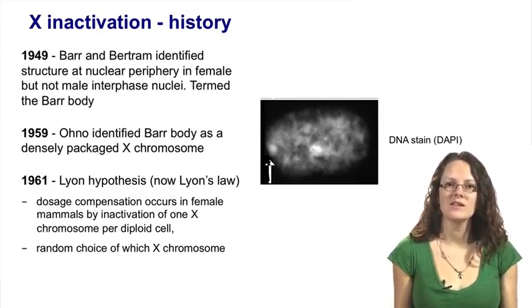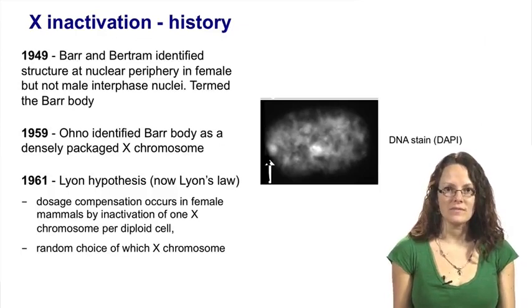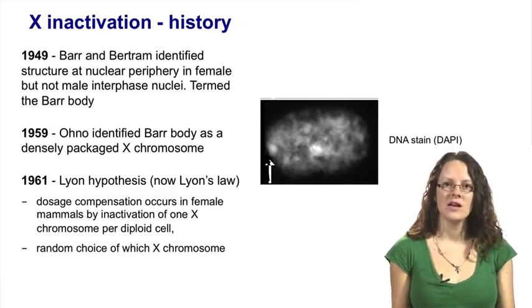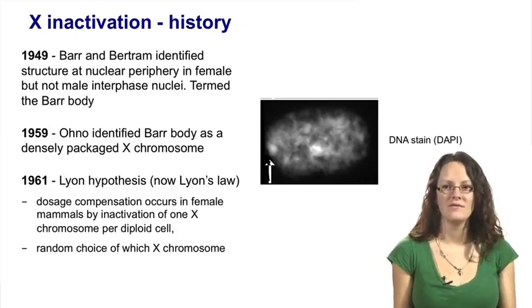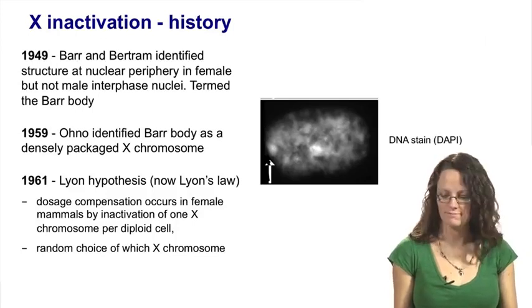So we'll think about this again in a couple of slides' time and go through each of these features that Mary Lyon proposed. But it's nice to note that 50 years after Mary Lyon first made her hypothesis, Lyon's hypothesis was changed to Lyon's law. So now this is taken as law that this is indeed what happens in the mammalian cell.